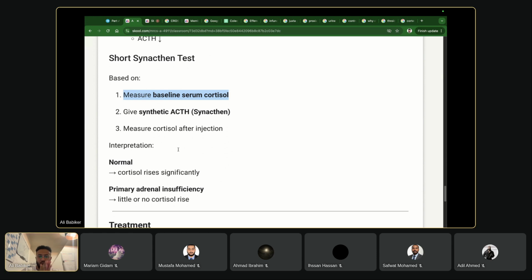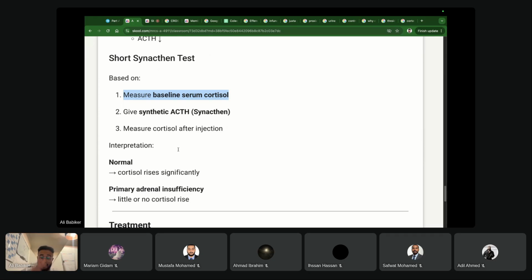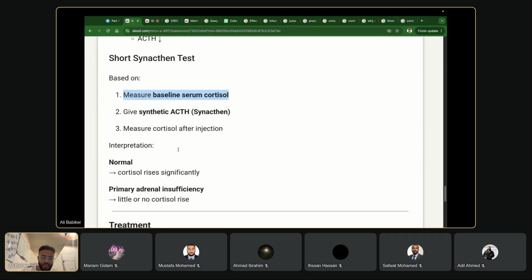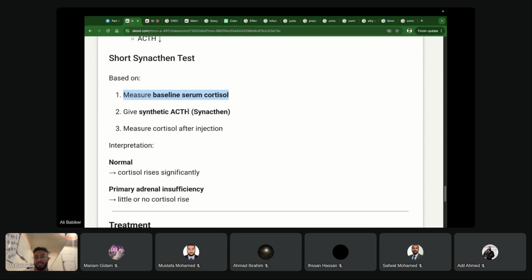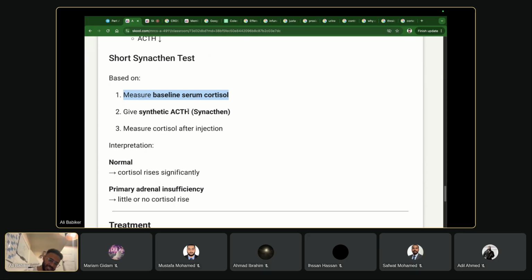If the cortisol rises to the normal level, that means for a normal person who has no problem, the cortisol will rise directly after we give the ACTH, which makes sense because when you give ACTH, it goes to the adrenal gland and activates cortisol.